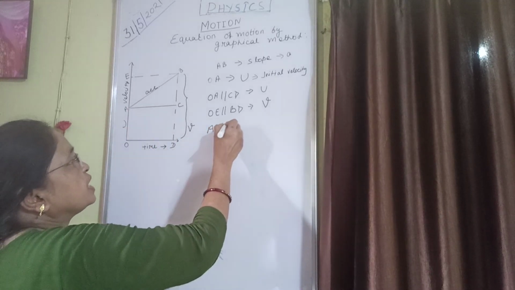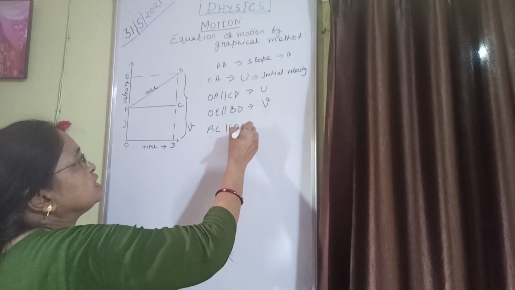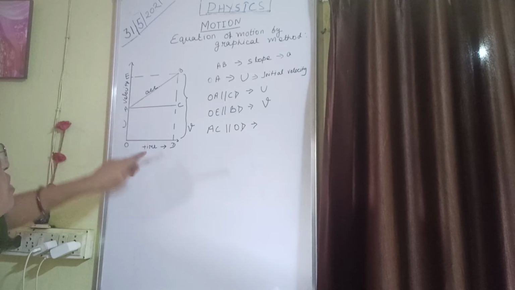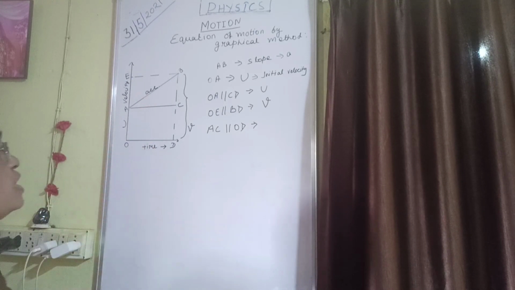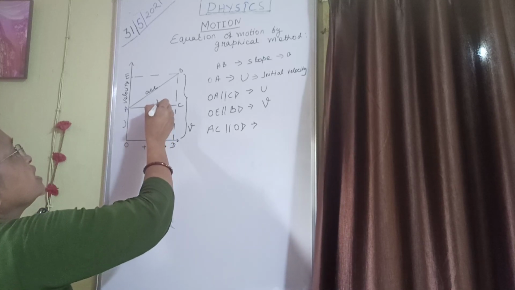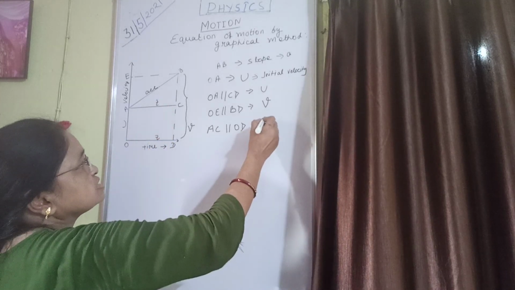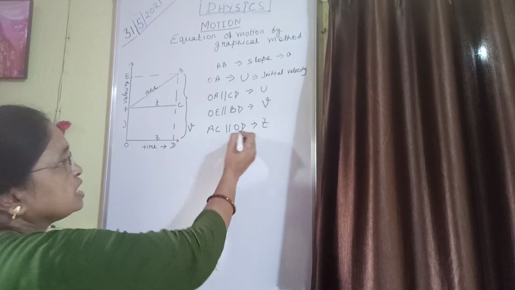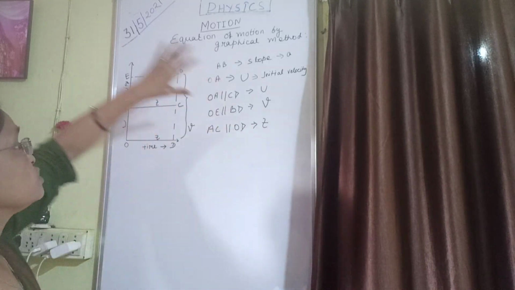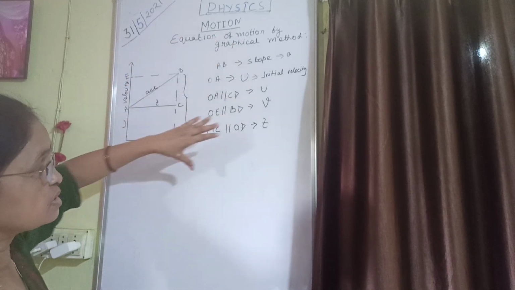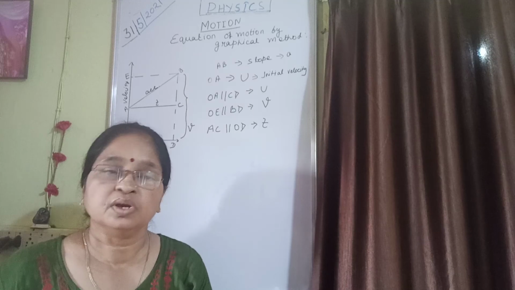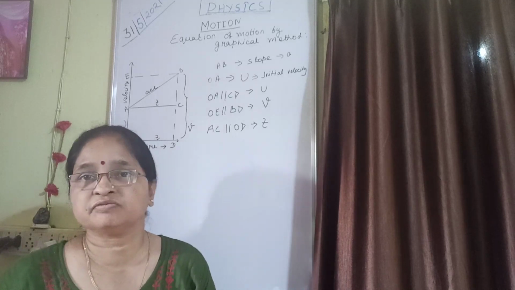OD is the time axis, so let us take it as T, time. Here also we are taking T, time. So both AC and OD are parallel to each other, and that is the time axis. So this is the description of the graph from which we are going to derive the equations of motion.